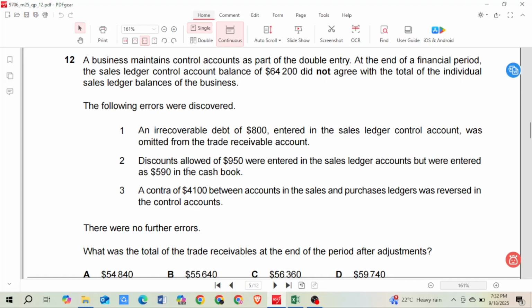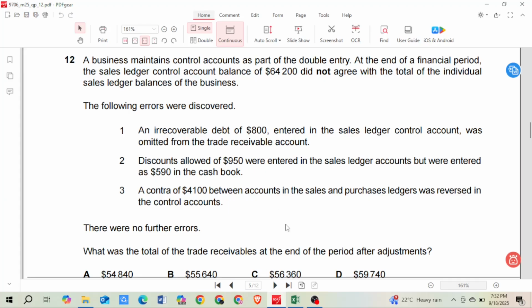Number two, a discount allowed of 950 was entered in the sales ledger account but was entered as 590 in the cash book. Number three, a contra of 4,100 between accounts in the sales and purchase ledger was reversed in the control account. There were no further errors, and we need to find out the total trade receivable balance at the end of the period after adjustments.